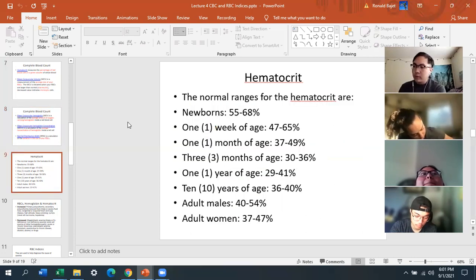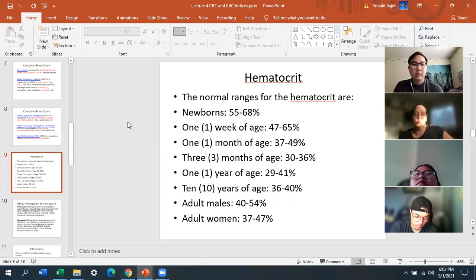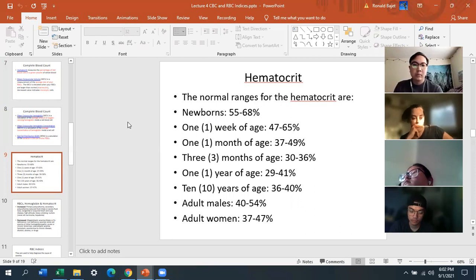As you can see, nothing is red on this slide, but it's meant to illustrate how the hematocrit changes from birth. So newborn hematocrit is 55 to 68%. A week later, it's going to drop to 47 to 65. A month later, it's going to drop to 37 to 49. 3 months later, it's going to drop to 30 to 36%. This is hematocrit. And at 1 year of age, it's going to stabilize to 29 to 41%.